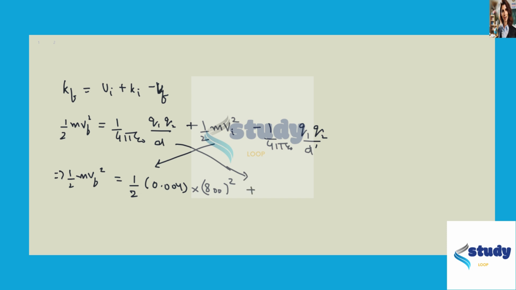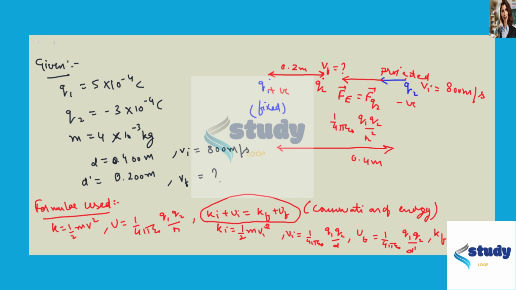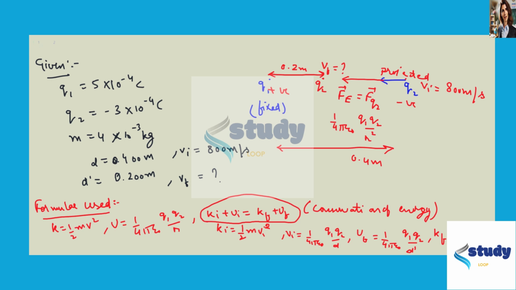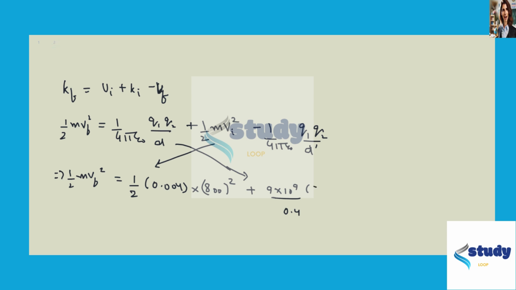So this is equal to 9 into 10 raised to power 9. D is your 0.4 meter. Q1 is your 5 into 10 raised to minus 4, and Q2 is your minus 3 into 10 raised to minus 4. So we have 5 into 10 raised to minus 4 into minus 3 into 10 raised to minus 4.